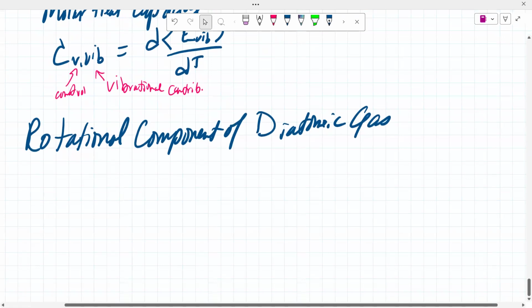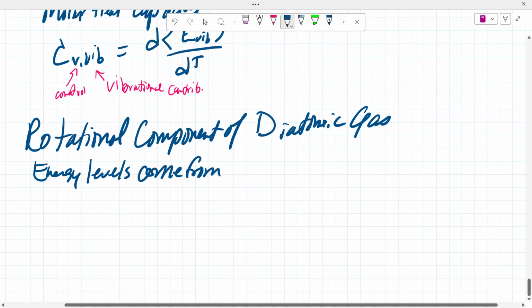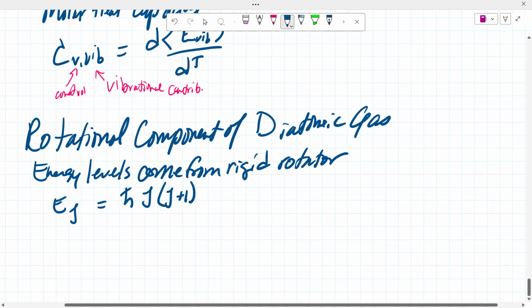So the energy levels will come from the rigid rotator: E_J equals ħ² J times J plus 1 over 2I, and these are for quantum numbers J equals 0, 1, 2, and so on.